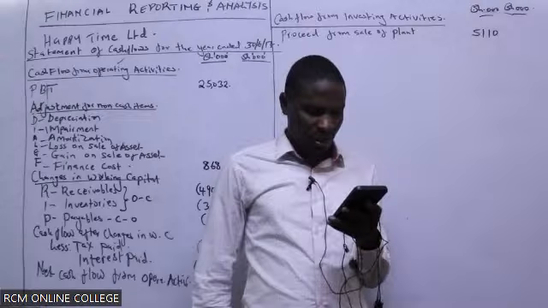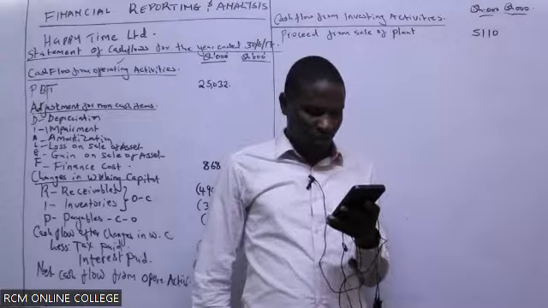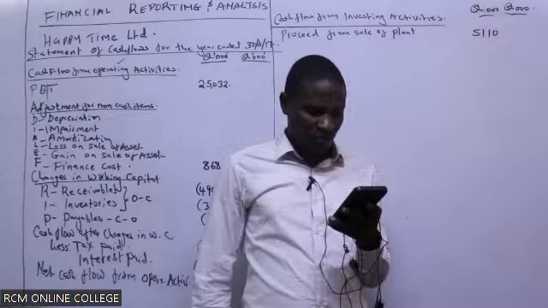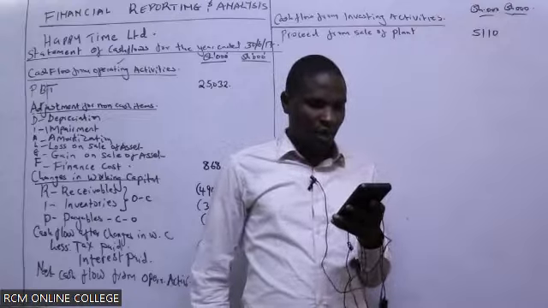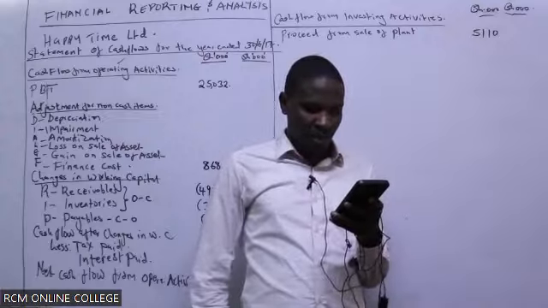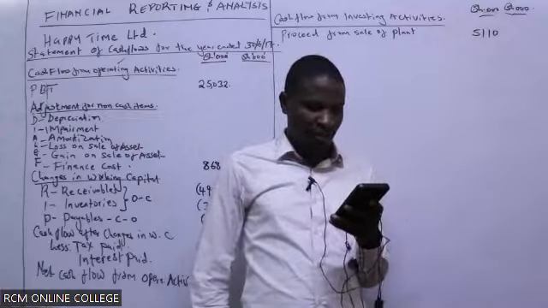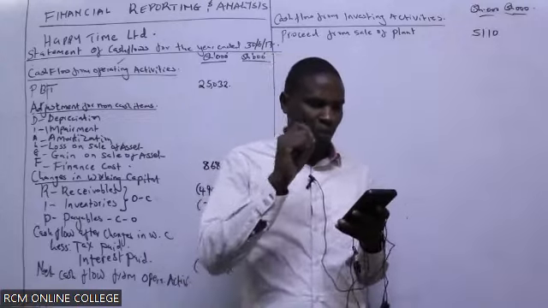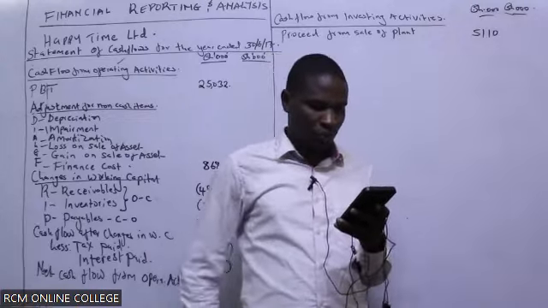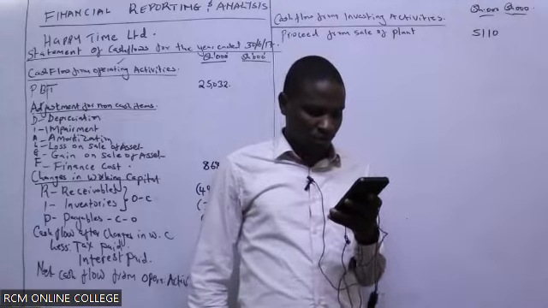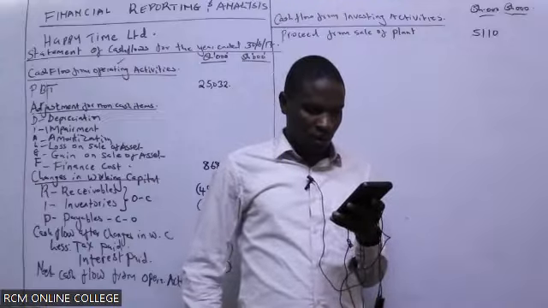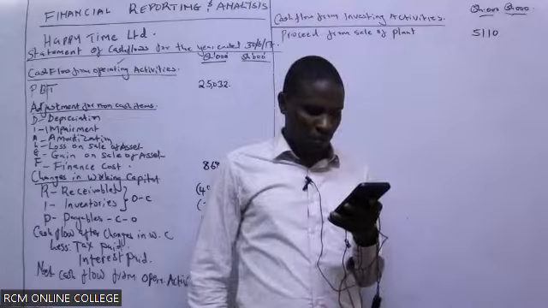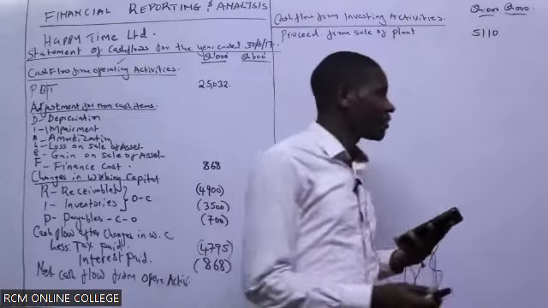So we can maybe start with what we have here for property. Let's prepare the property account and also the disposal account. All right, let's prepare this.